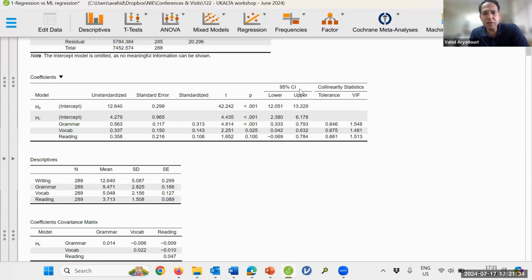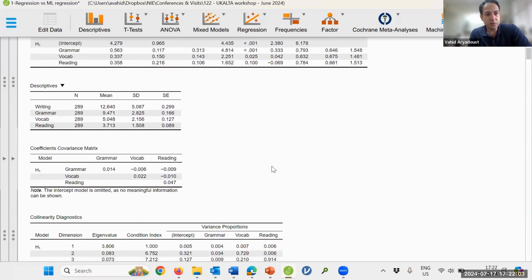So if you just look at the confidence interval, really, at first glance, you can quickly figure out whether the p-value associated with those coefficients would be smaller than 0.05 or not. If 0 falls between them, then it indicates that whatever you're looking at is not statistically significant. This applies to any kind of statistical analysis way beyond regression.